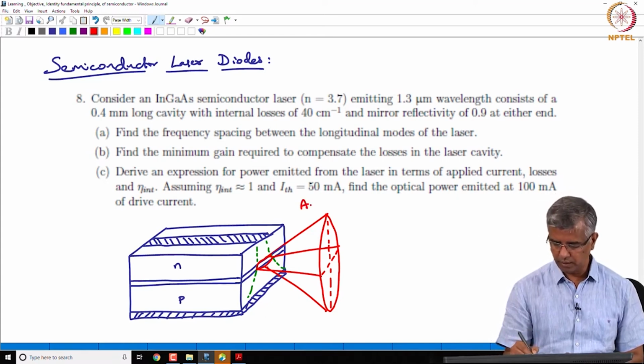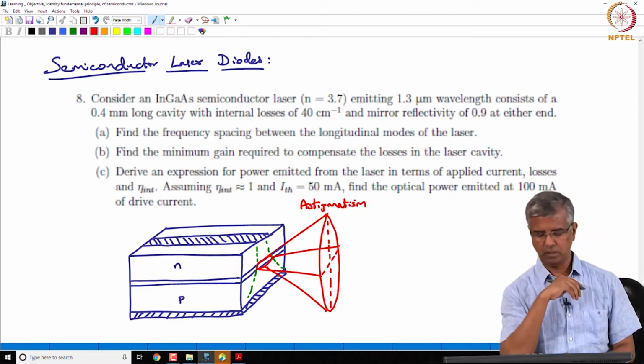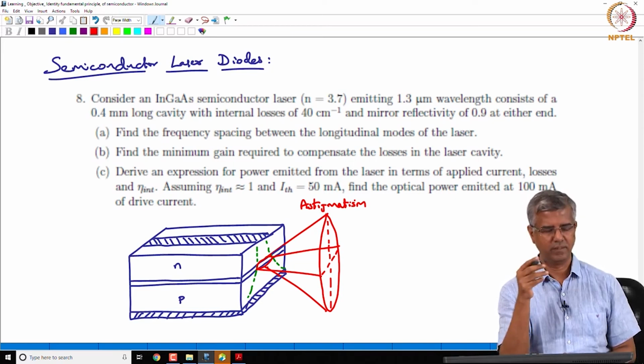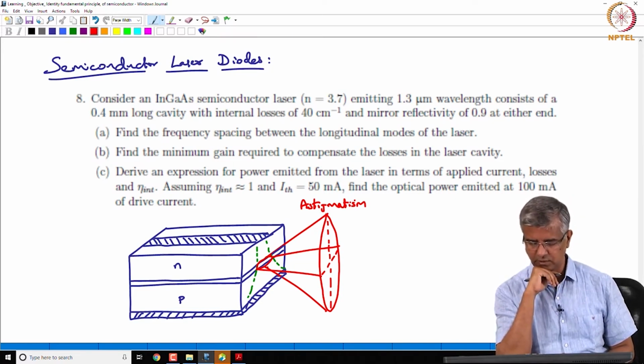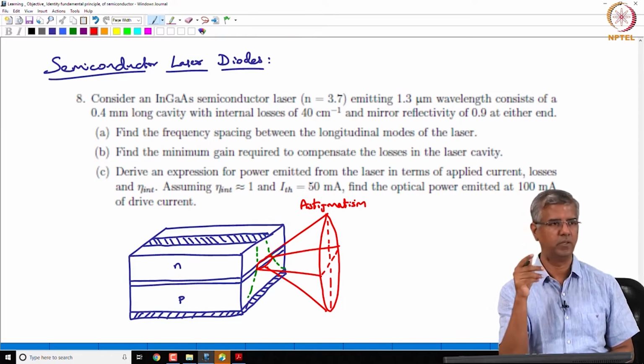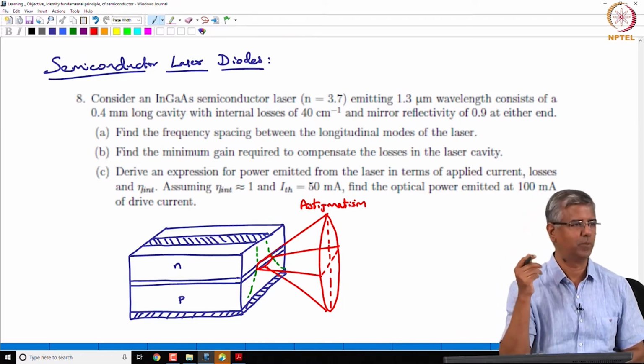This is actually something called astigmatism. If you go to an eye checkup, your ophthalmologist may tell you that you have some astigmatism. What does that mean?